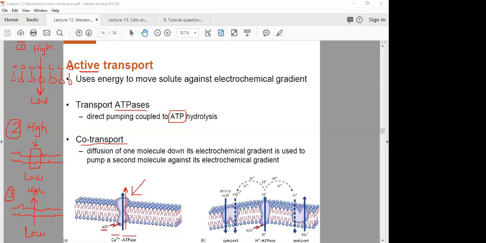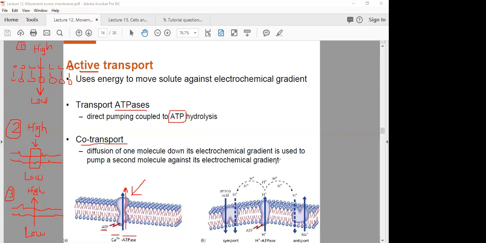And here's the interesting bit, the movement of protons through here provides the energy to move another molecule, in this case amino acids, from one side of the membrane to the other using the same membrane transporter. So this is referred to as a symporter because it's allowing two different molecules to move in the same direction across the membrane utilizing the one membrane transport protein.